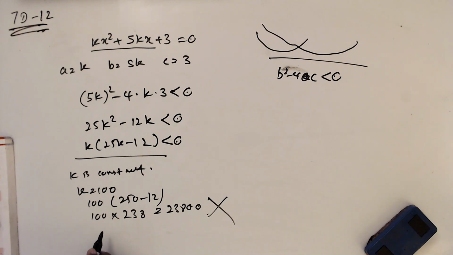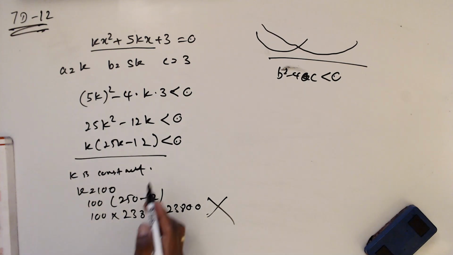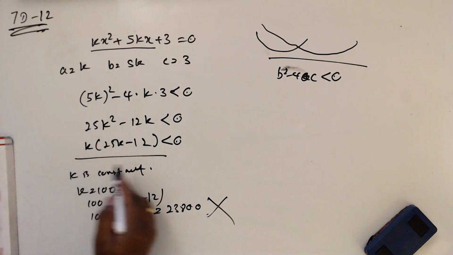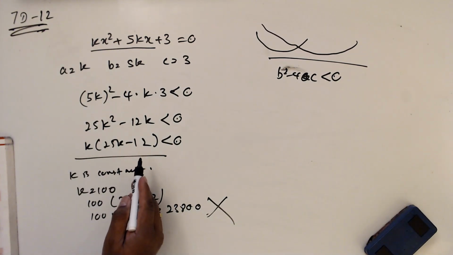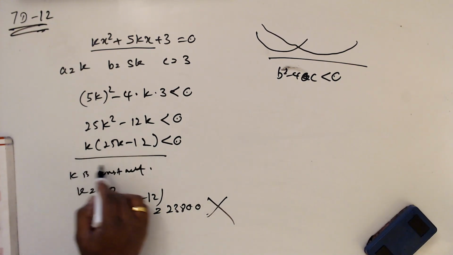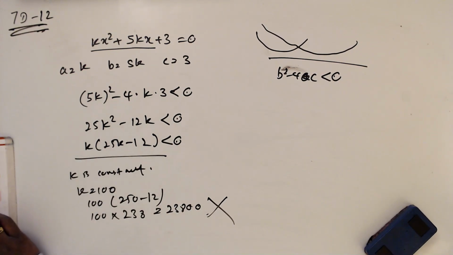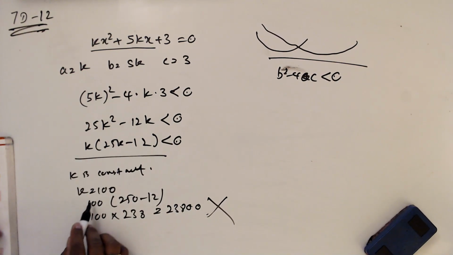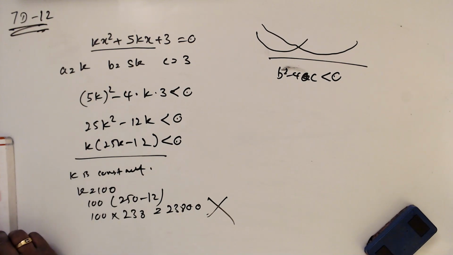Then you want to find the special k values which satisfy this inequality. We know that k equals 100 doesn't work, right? But some values work. So what are those values?